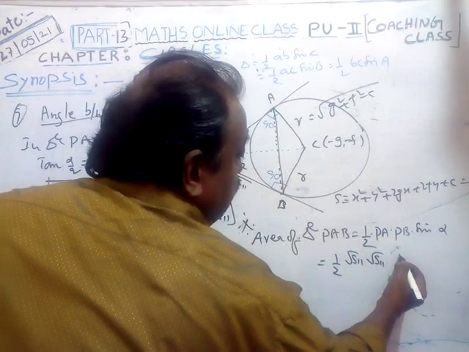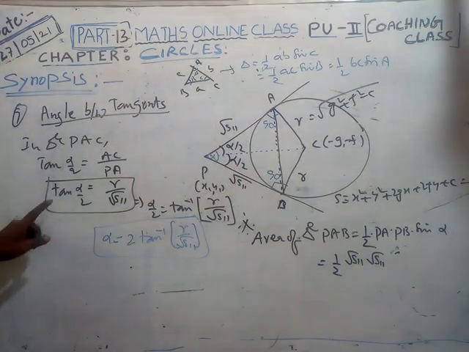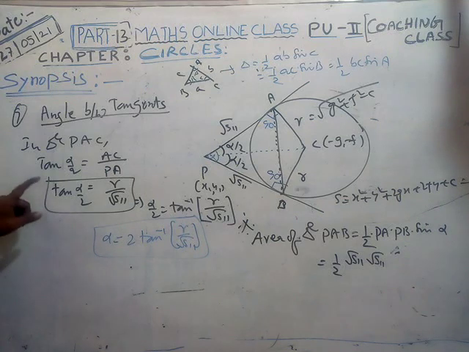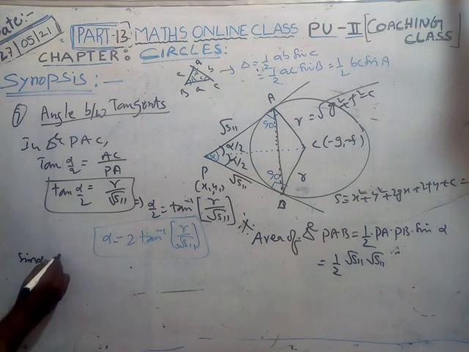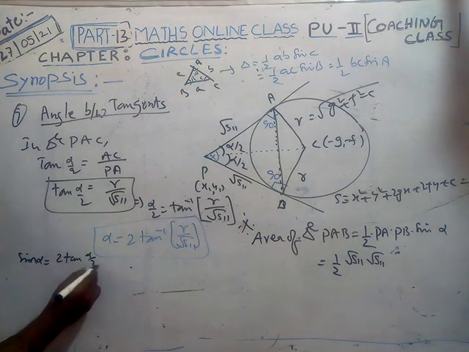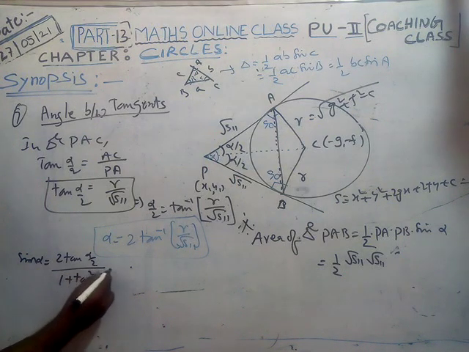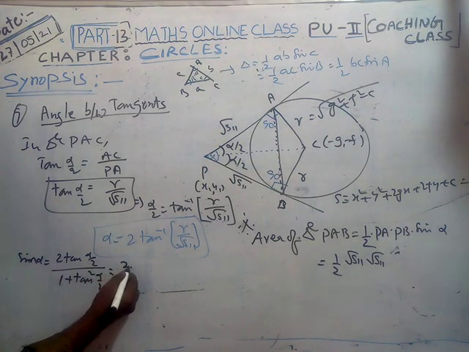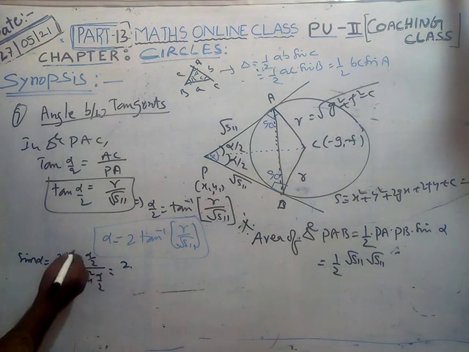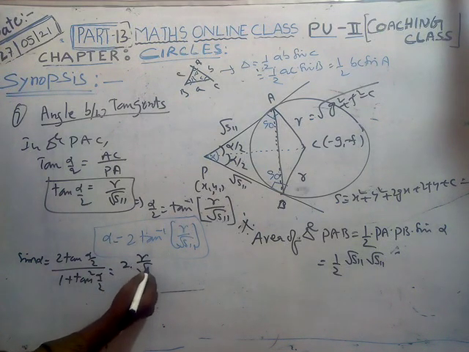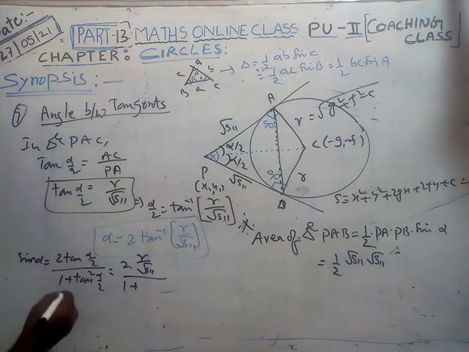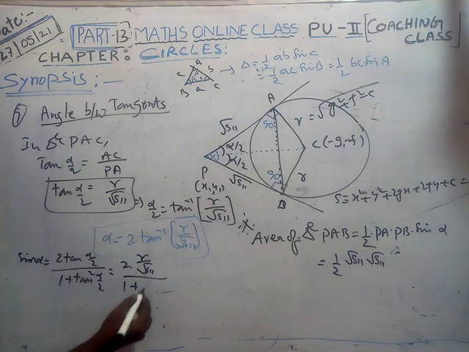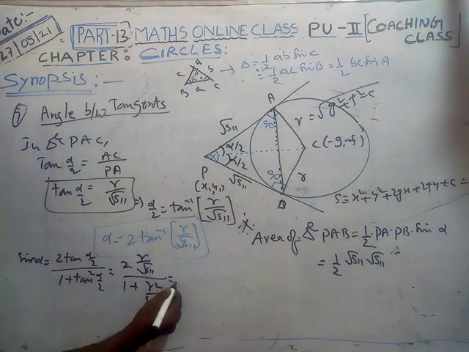And sin alpha. Sin alpha means we know here tan alpha by 2 is there. Sin alpha is equal to 2 tan alpha by 2 by 1 plus tan square alpha by 2. A formula is there in trigonometry. It is 2 times R by root S11, by 1 plus tan square alpha by 2, which means R square by S11.